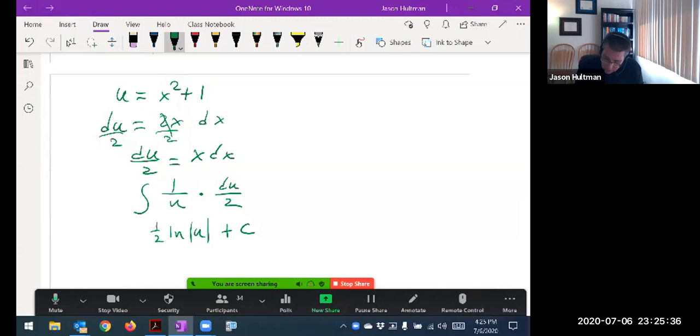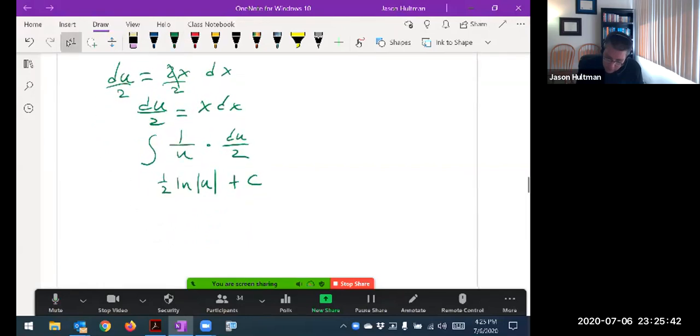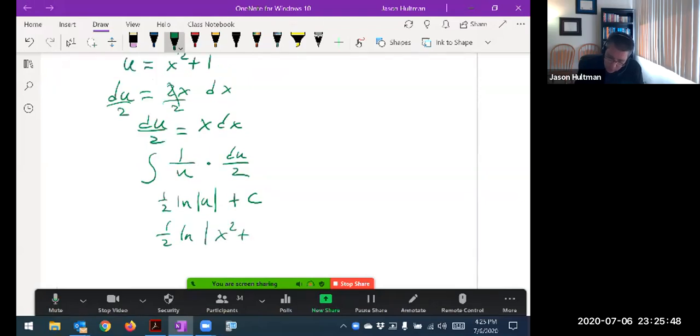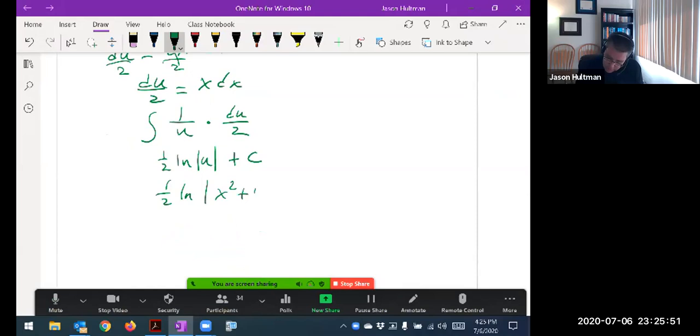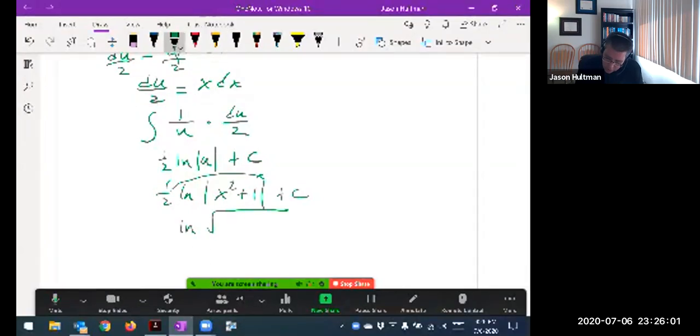Now I can change this back to my original function for u, which is 1/2 natural log of x squared plus 1, plus c. And then I'm going to use the property of logs here to make this natural log of the square root of the absolute value of x squared plus 1.